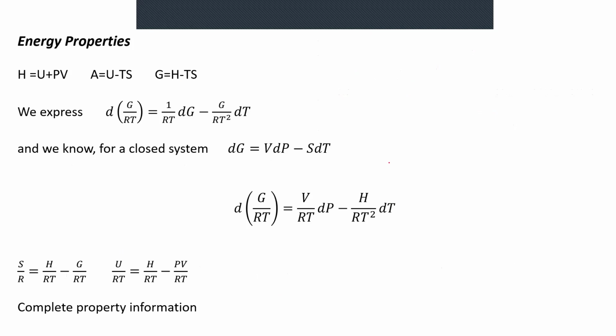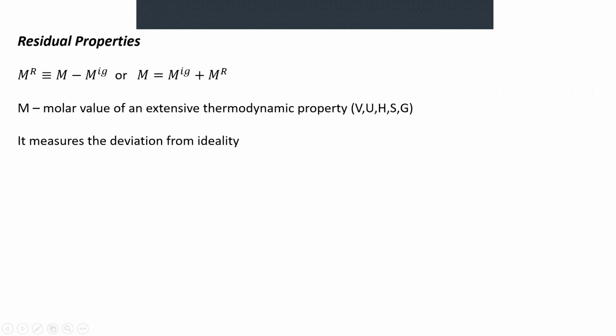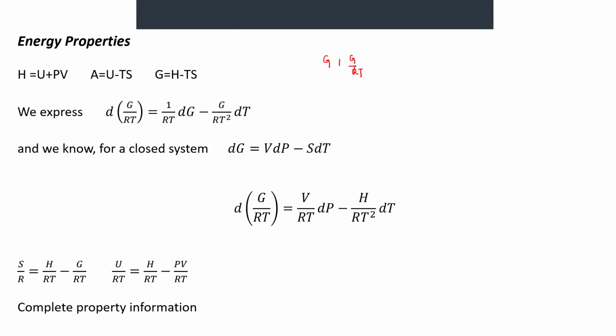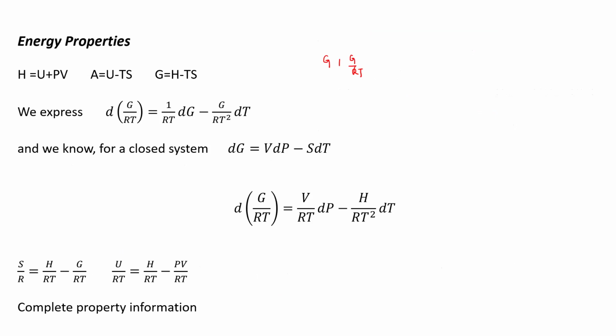we have these energy property relations. We know that G, or G by RT, tells us about the process's feasibility: delta G negative is feasible, delta S positive is feasible. That is what tells us about different processes.